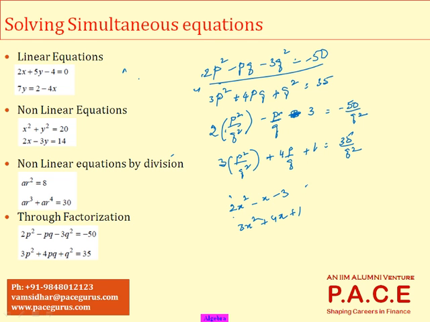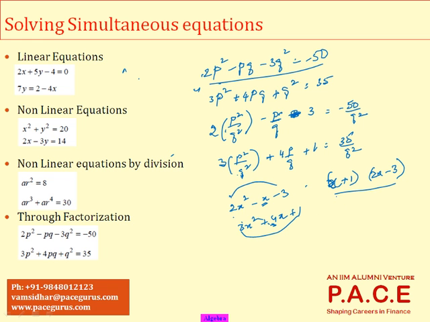So using factorization, the multiplication should be minus 6 and the addition should be minus 1. So I'll take it as minus 3 and plus 2, right? So it becomes x plus 1 into 2x minus 3. Same with the other one: the multiplication should be plus 3, the addition should be 4.